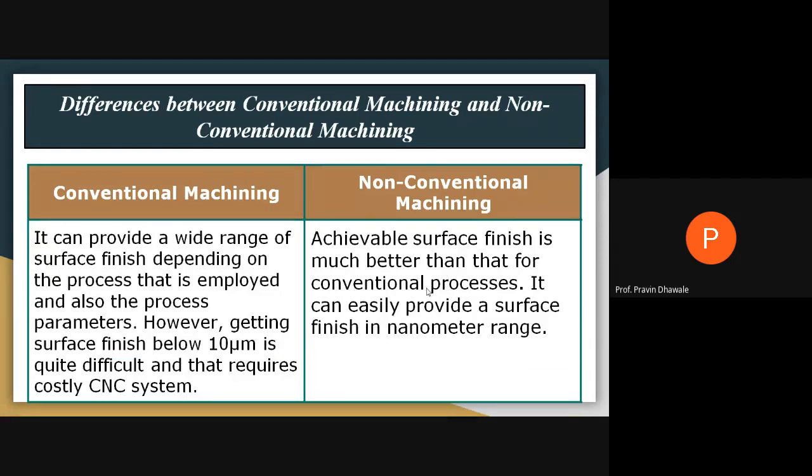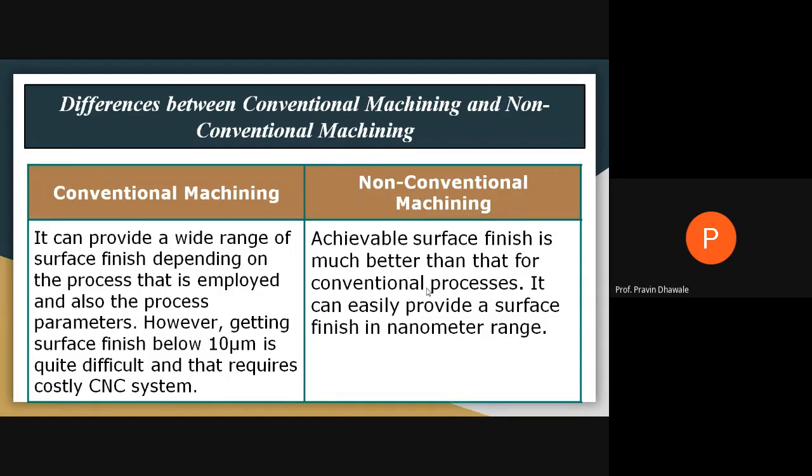Now this slide differentiates conventional and non-conventional machining based on the surface finish obtained, how this surface finish is obtained, and which parameters you have to control to obtain a better level of surface finish.